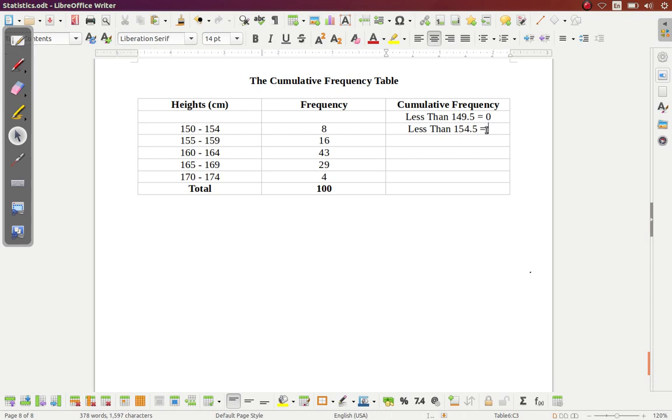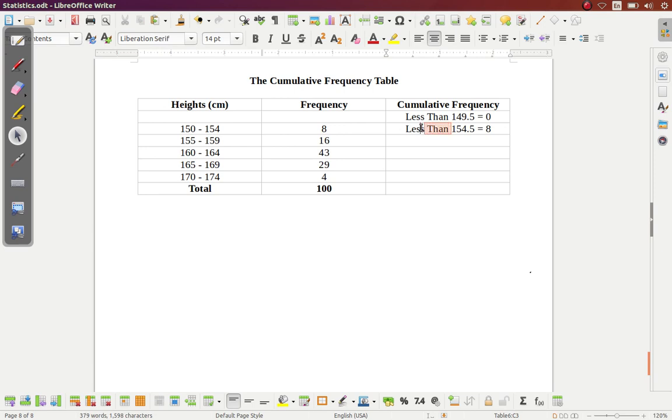So from the shortest up to 154.5, you have 8 of them. 8. All right? 8 of them.